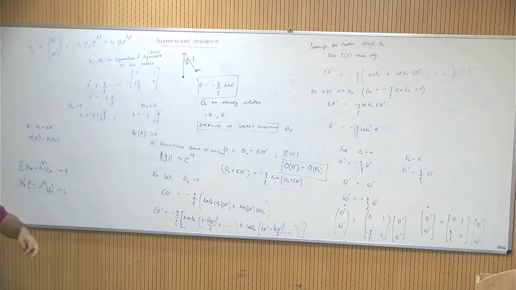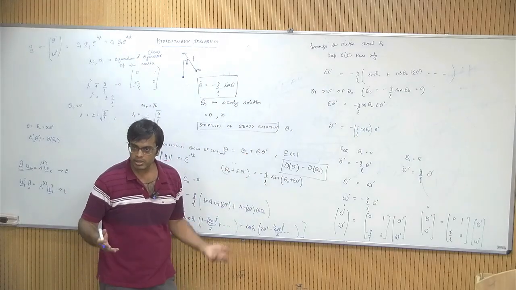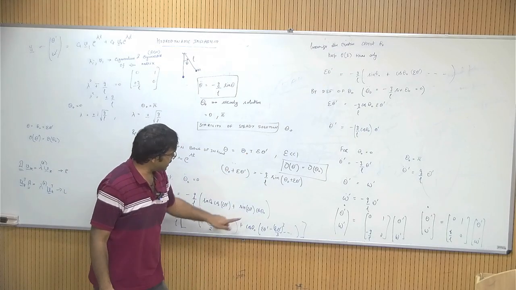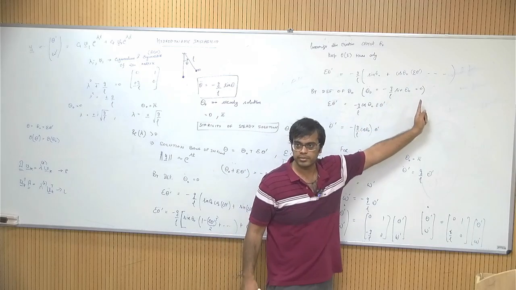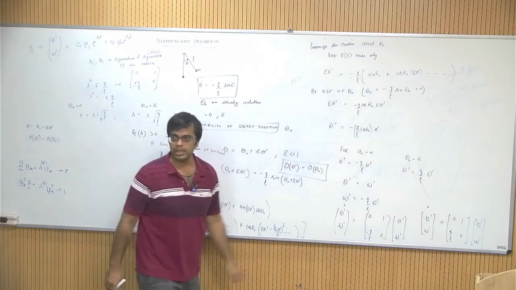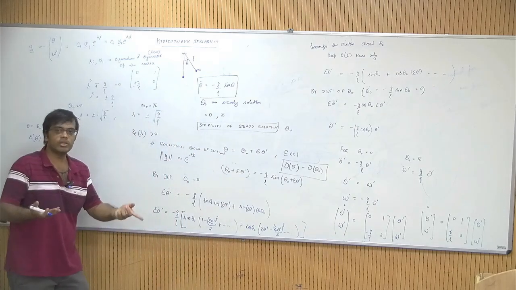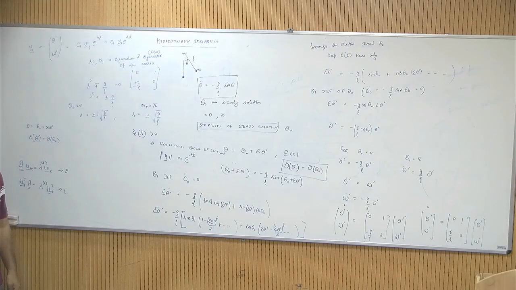The idea is when theta prime is so large that epsilon times theta prime is not small anymore, you have to account for the nonlinear terms which you have dropped here, and once you account for the nonlinear terms, you will get solutions which are not blowing up to infinity.